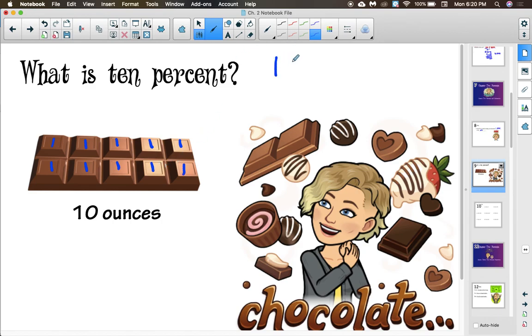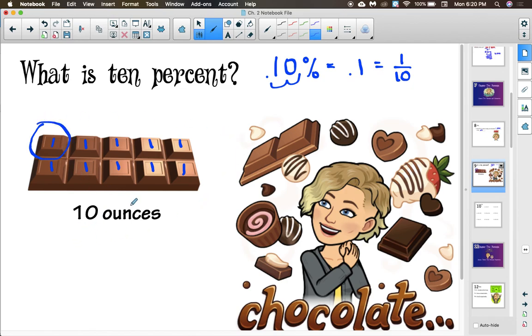Because we can do a little bit of math here. 10%, if we change that to a decimal, is 0.1, which can also be written as a fraction, 1/10. So 10% is 1 out of every 10 of something. So if I've got this chocolate bar and it's broken into 10 1-ounce pieces, to get 10% of it, I just take one of those 10 pieces. 1/10 of the bar.